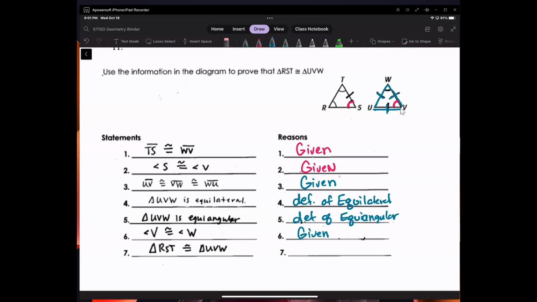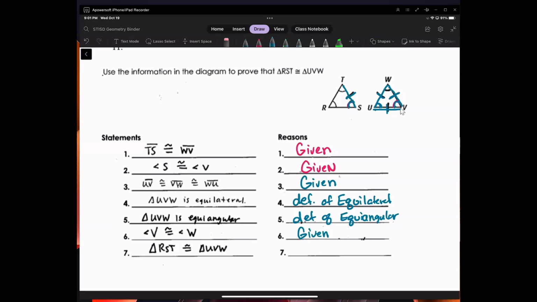So we have angle S is congruent to angle V. We also know that segment TS is congruent to segment WV. And we know that these angles are all congruent.